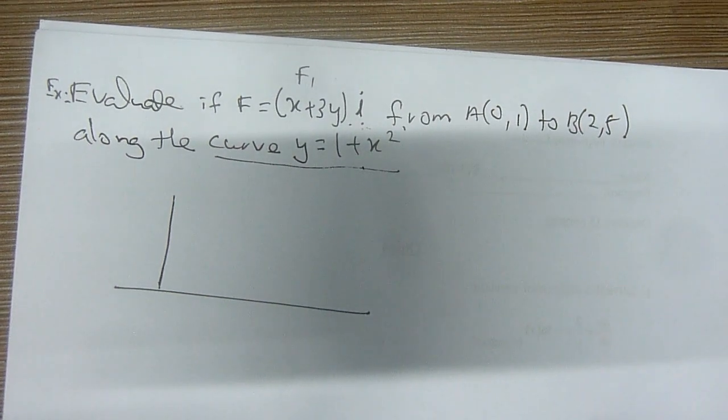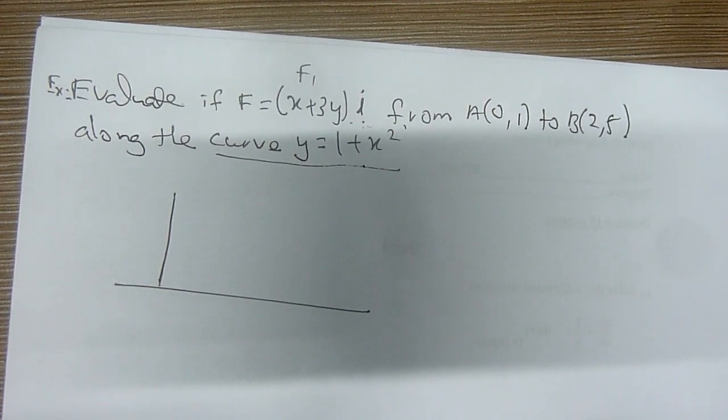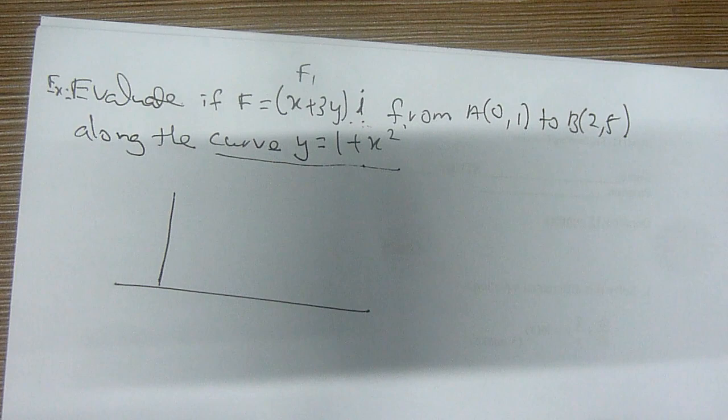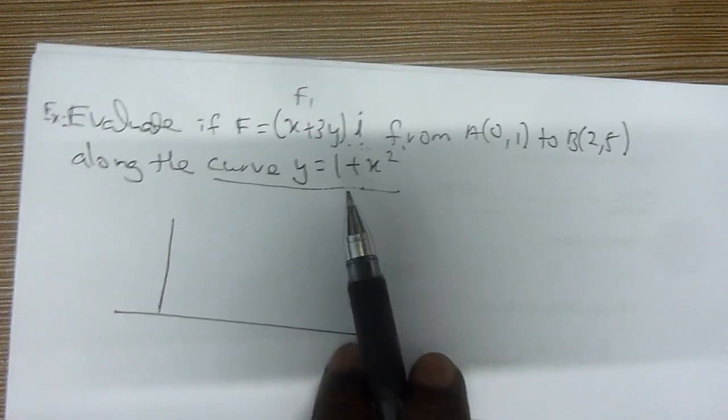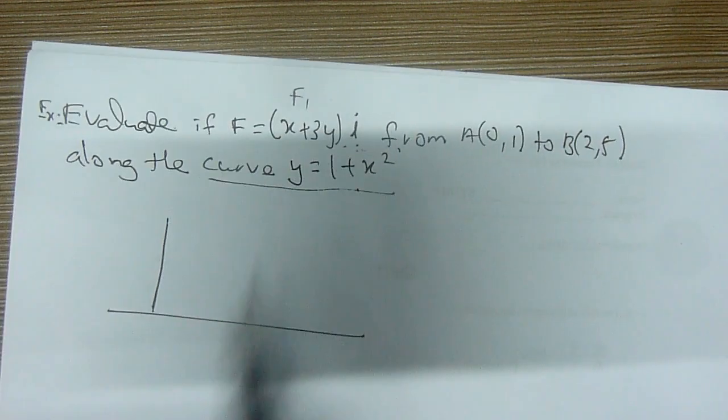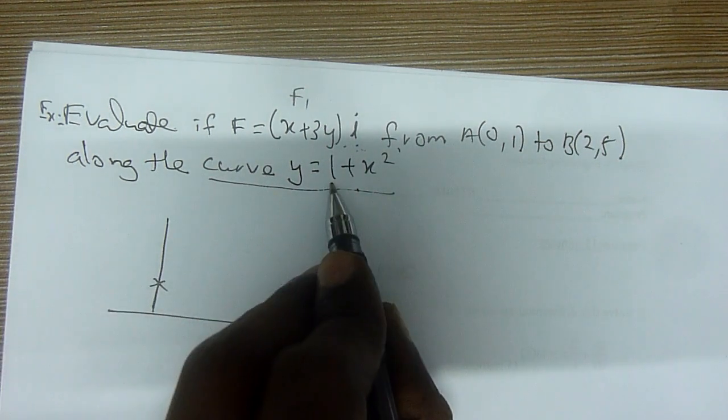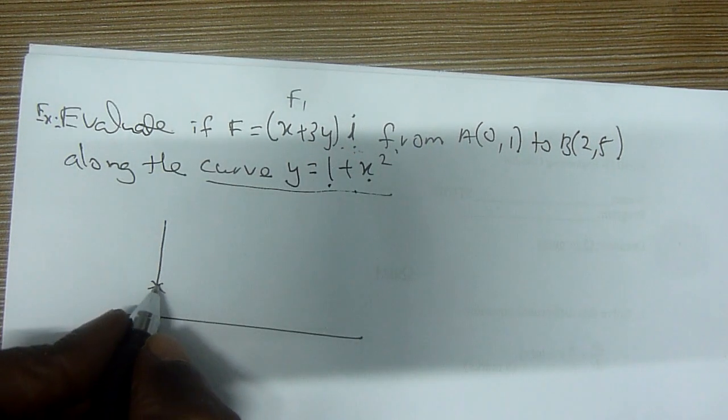I want you all to learn the skill of sketching. Sketching will be very challenging if you don't sketch properly; sometimes you tend to get confused. Can you sketch this or not? Very basic, right? One plus x power 2 is a curve.